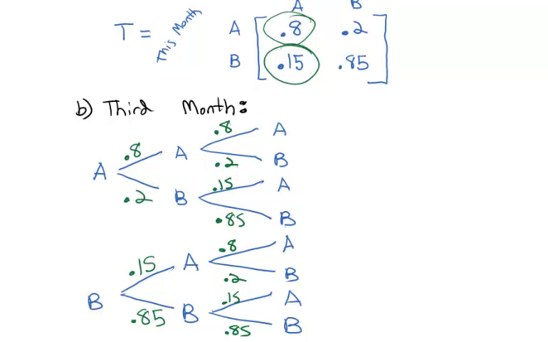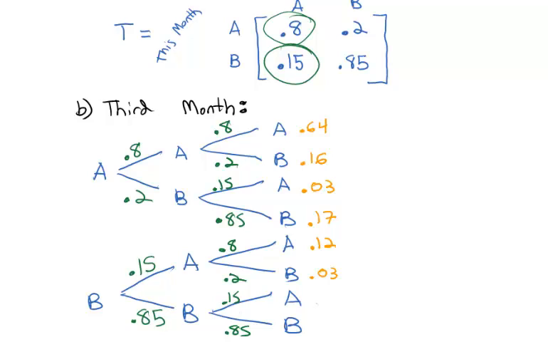And then we can calculate the probability of any result by multiplying down the line. Starting at the top, 0.8 times 0.8 is 0.64. 0.8 times 0.2 is 0.16. 0.2 times 0.15 is 0.03. 0.2 times 0.85 is 0.17. 0.15 times 0.8 is 0.12. 0.15 times 0.2 is 0.03.